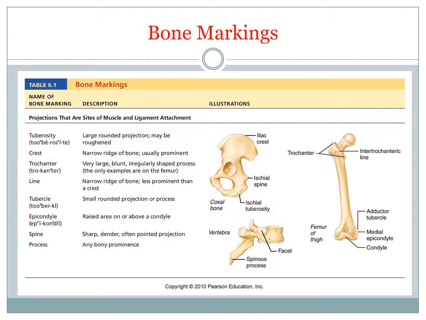Epicondyle is a raised area above a condyle. A spine is a sharp, slender, and often pointed process, and a process is any bony prominence. And you can see examples of those bone markings in the bones listed on the slide.